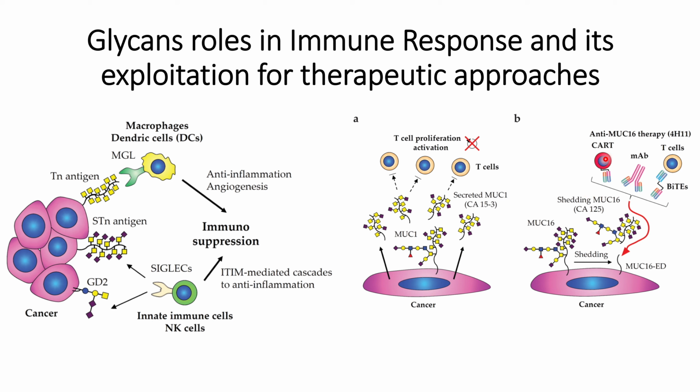The function of these antibodies is to shed the MUC16 expressed on the cancerous cells, so that these cancerous cells are devoid of the overexpression of the glycans, and thus will not interact with the immune cells, and thereby will not lead to immunosuppression or angiogenesis formation.